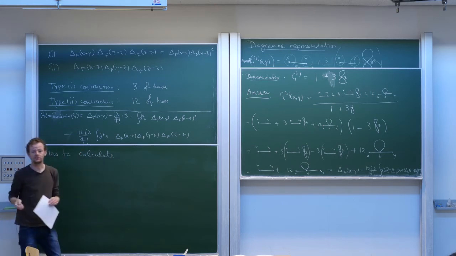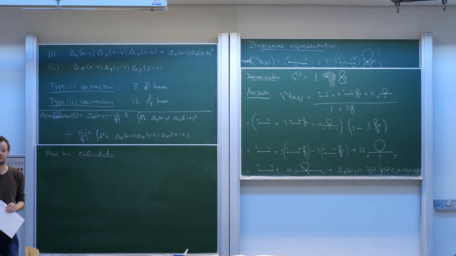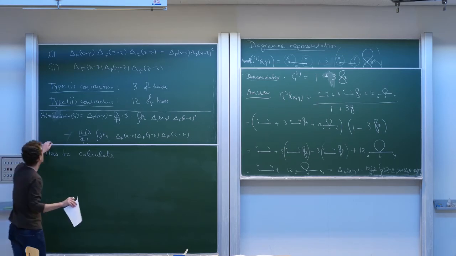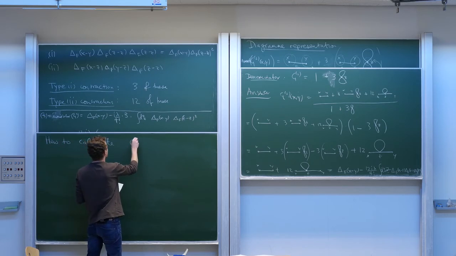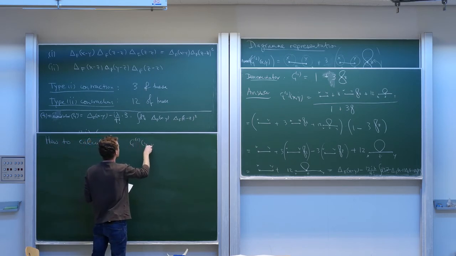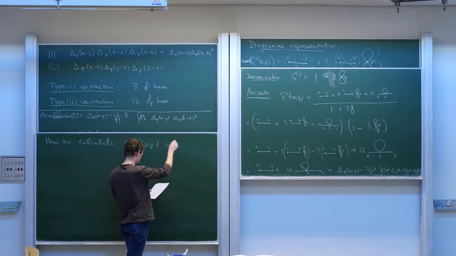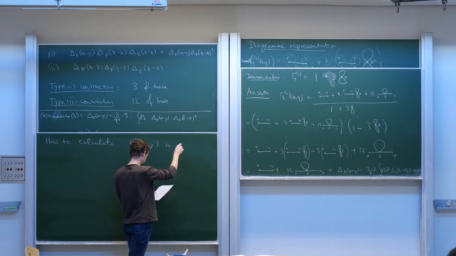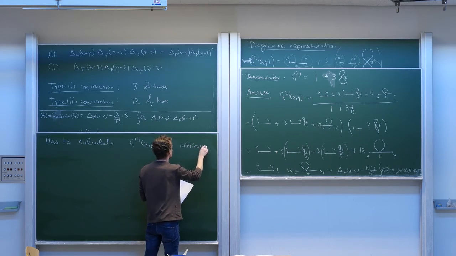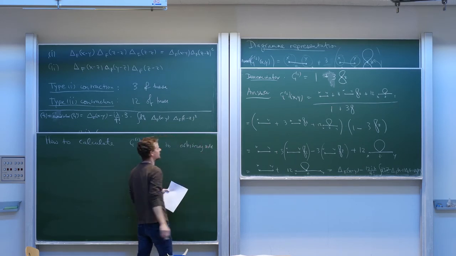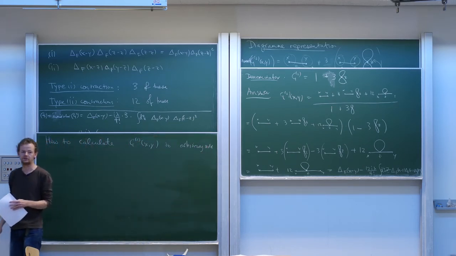What I want to do is summarize the rules for how to calculate the two-point Green function to arbitrary order. And then we'll leave it at that. There's special rules.